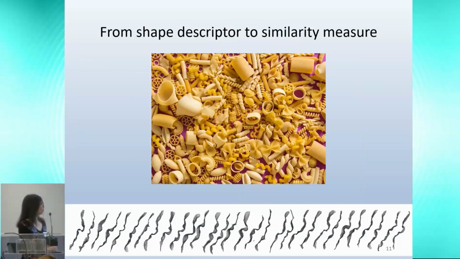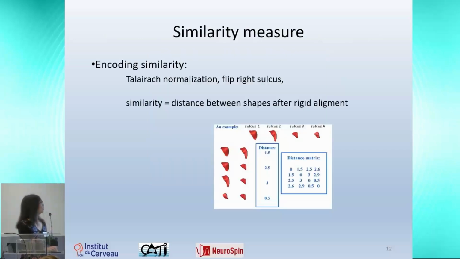For example, the example of the central sulcus. The idea is to try to understand if there is a difference that we can understand. So the simple idea is to make a similarity measure, and so you can make a similarity matrix.